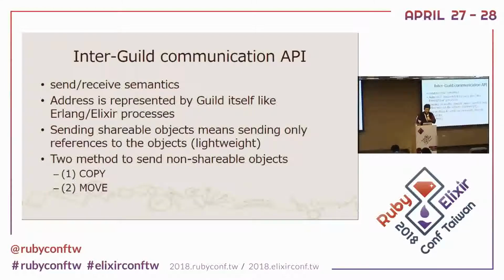We introduced some send and receive semantics, and for now we define the address of sending or receiving as the guild itself, like Erlang or Elixir processes. Sending shareable objects means sending only a reference, so there is no overhead. But if we want to send normal mutable data, then we have two semantics, copy and move.